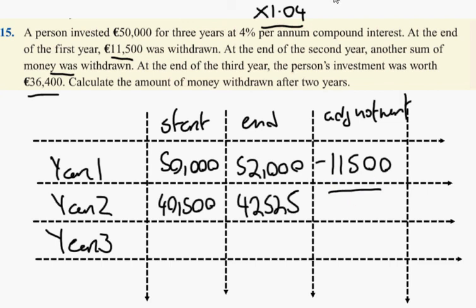So we took away a random number that I don't know. So I'm just going to put in a blue box. We withdrew money. So can anybody tell me, in the red box, are we going to have a number bigger than 42,000 or a number smaller than 42,000? Smaller, because we withdrew money.